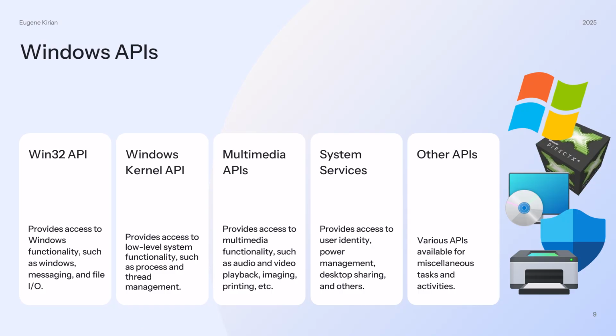When it comes to interacting with Windows, APIs are the way to go. Let's break down the different types of APIs available. There is a Win32 API, which gives us access to core Windows functionality like Windows messaging and file input-output. Then there is the Windows kernel API, which provides low-level access to system functionality like process and thread management.